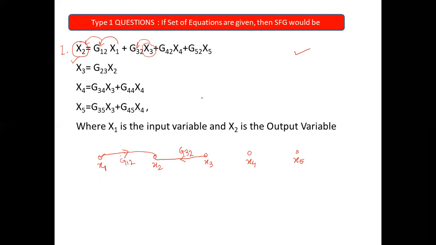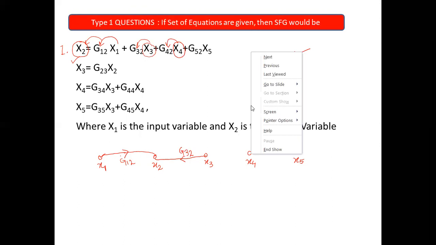Now let's start with another state variable, that is x4. This x4 is getting multiplied by g42 and it is going to x2.